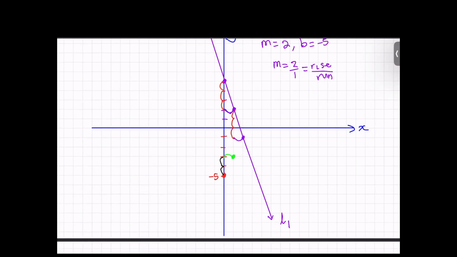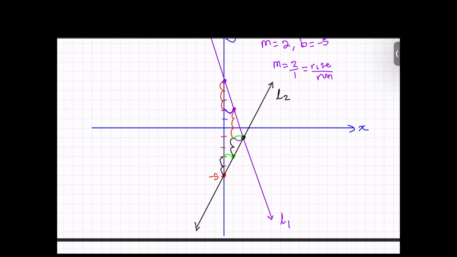Make a dot. Repeat again, 1, 2, and then run 1. Then you go ahead and intersect that dot over there. We'll call this line 2.